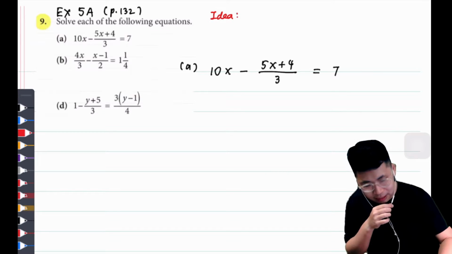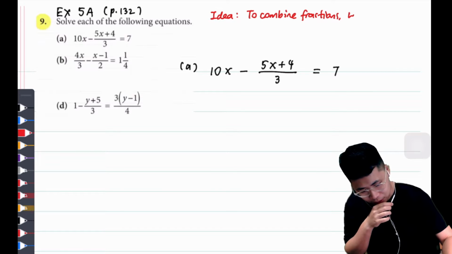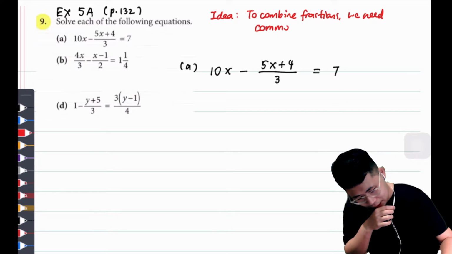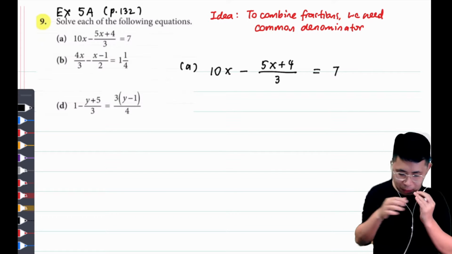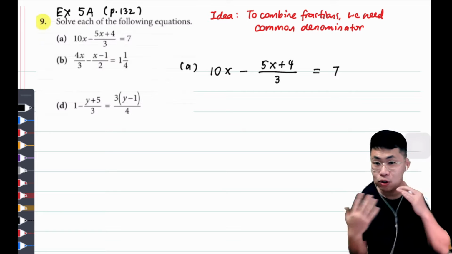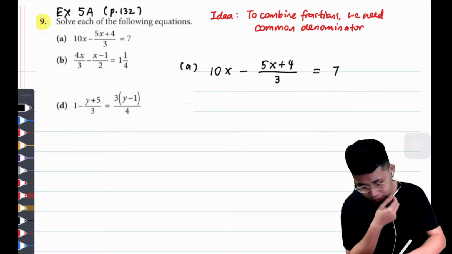So in order to combine two or more fractions, we will need a common denominator. For part A, we can move the 10x to the right and do the cross multiplication, but an alternative method is to find our common denominator.